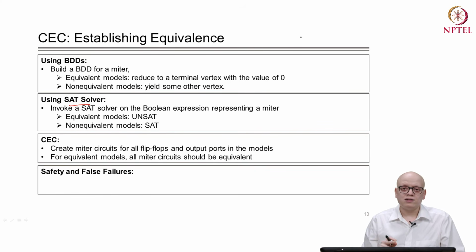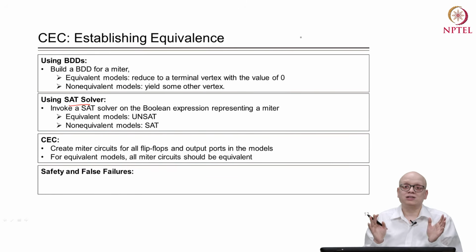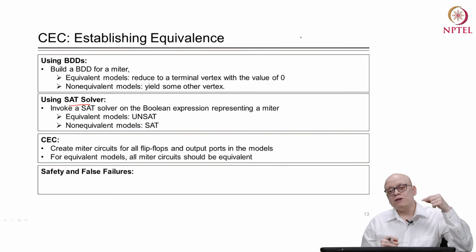When can it give us a false failure? Note that in combinational equivalence checking, we are trying to establish the equivalence of combinational logic cones, and we are treating the flip flop Q pins as independent variables, meaning that any flip flop can take any value.